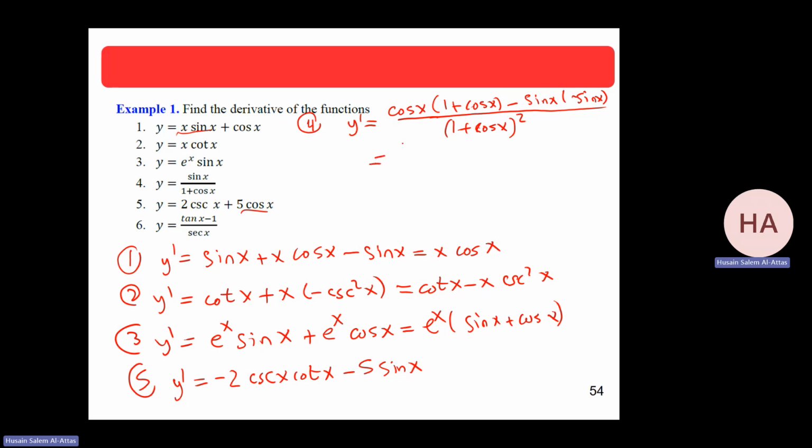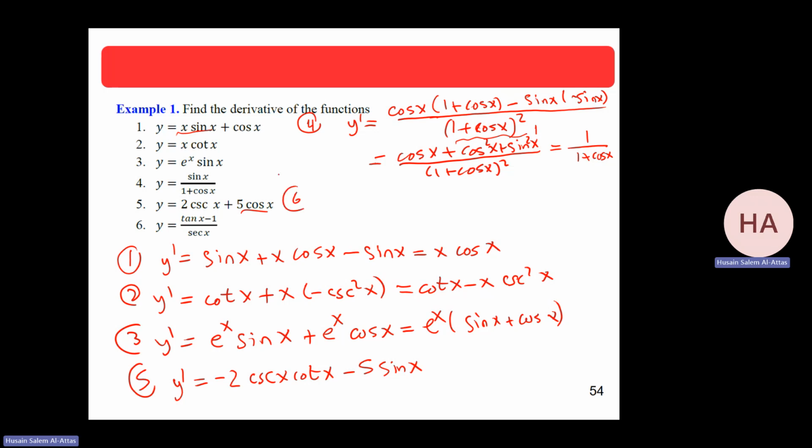That gives me cosine x plus cosine square plus sine square over 1 plus cosine x all square. Cosine square plus sine square is 1. So 1 plus cosine x cancels with one of the factors. I have 1 over 1 plus cosine x.